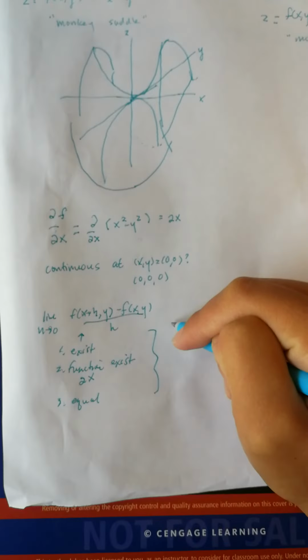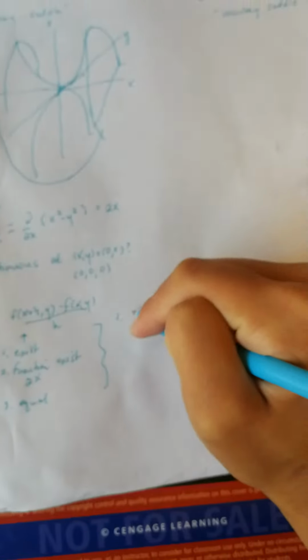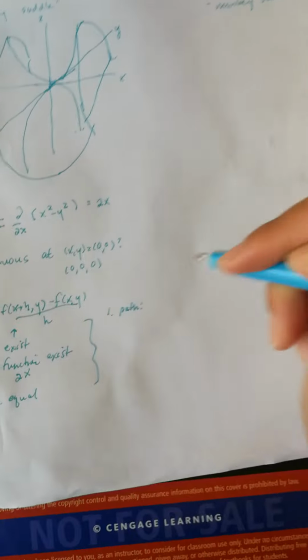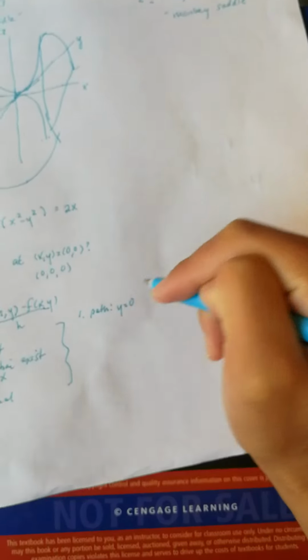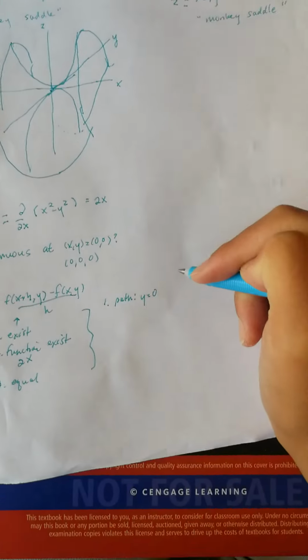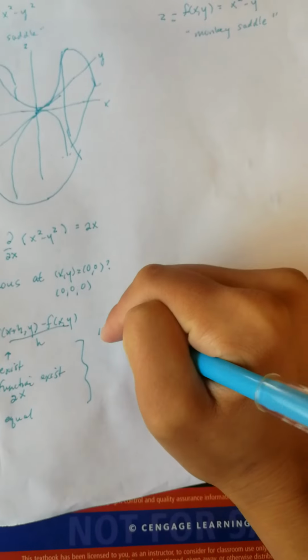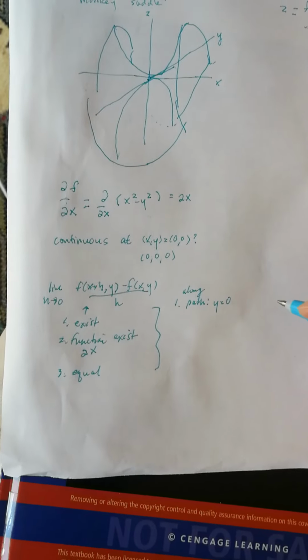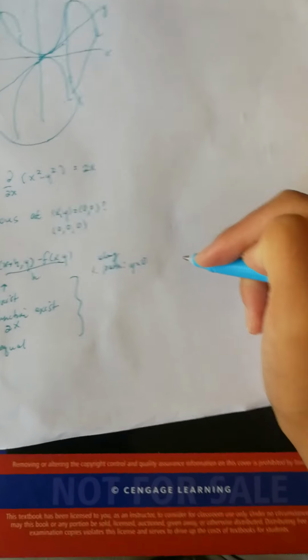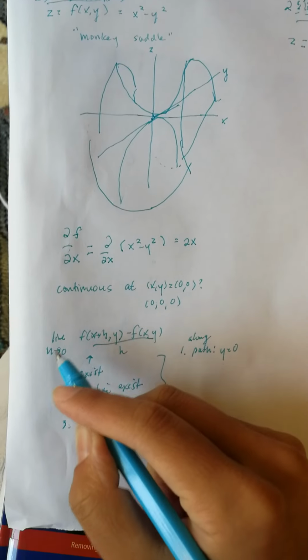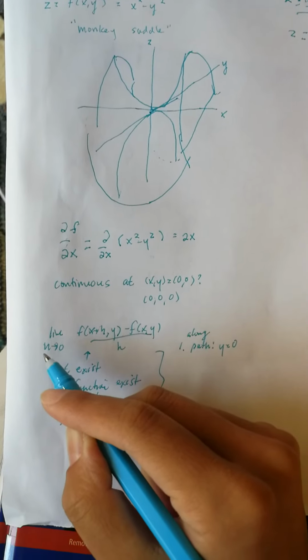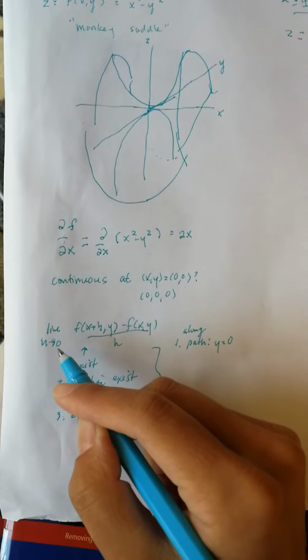So let's try along the path y equals 0. Then that would mean the limit as h approaches 0 when y equals 0.